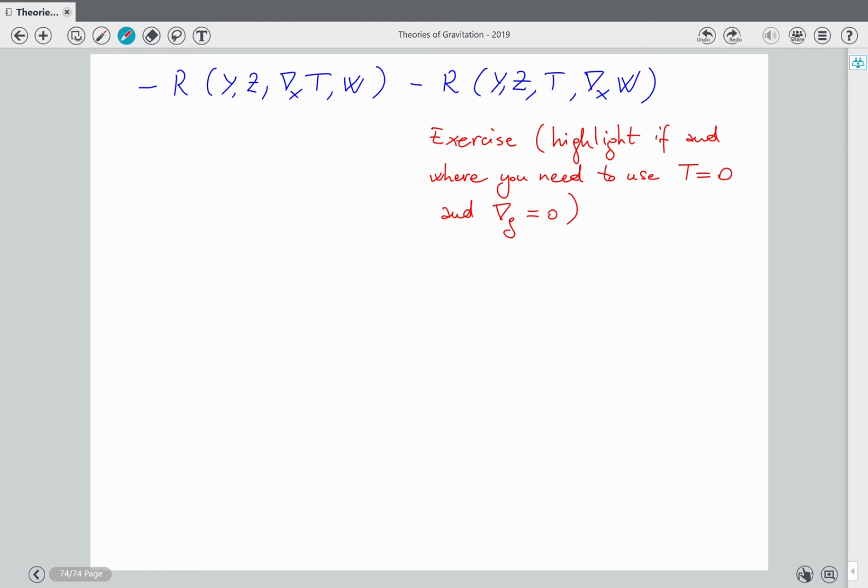Now, Ricci tensor. The Ricci tensor is a contraction of the Riemann tensor we have just defined. So you take the Riemann tensor and you act on x, e_i, y, e_i, and sum over i. That's it.